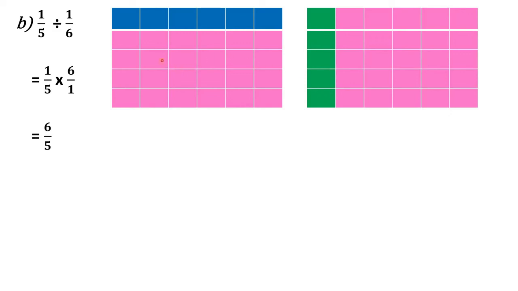Okay, so you can see here children, what will come now here, 1, 2, 3, 4, 5. 5 boxes will come here and 1 is left. Okay, so that means again our answer will be equal to 1 by 5. Okay, so this is our solution.